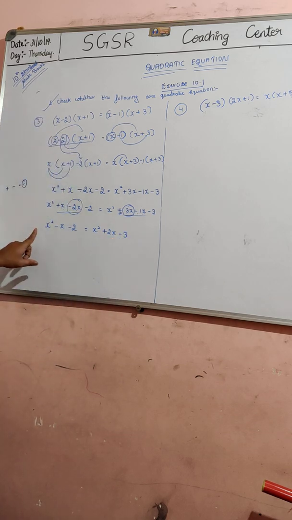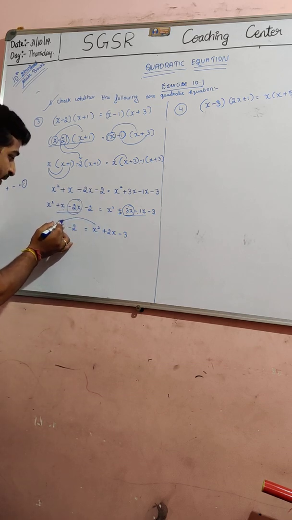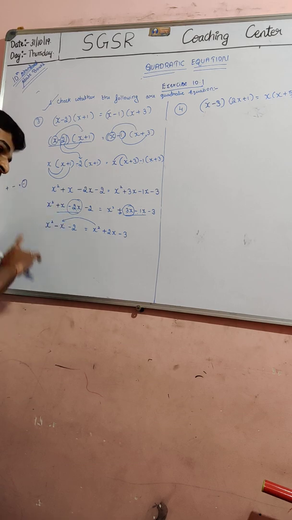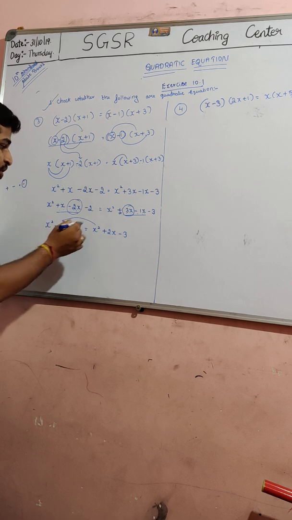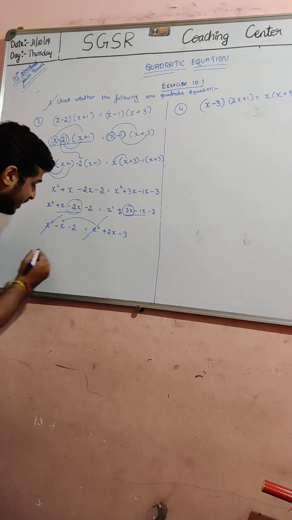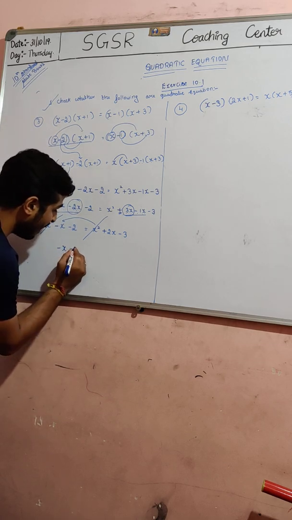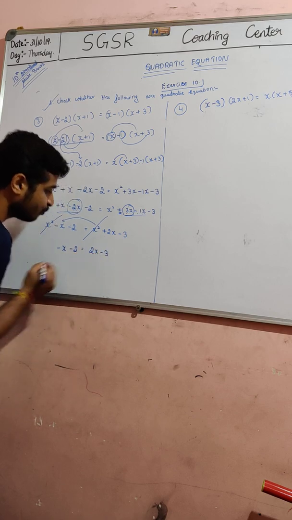Okay. Now here also x square is there. When you shift this x square over here, it becomes minus x square. Therefore you can cancel it there itself. So x square here and x square here get cancelled. So remaining is minus x minus 2 is equal to plus 2x minus 3.